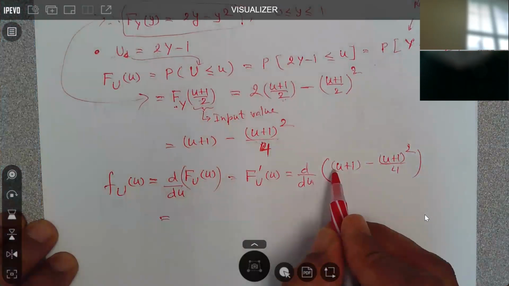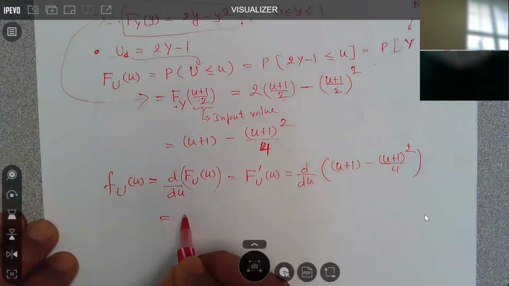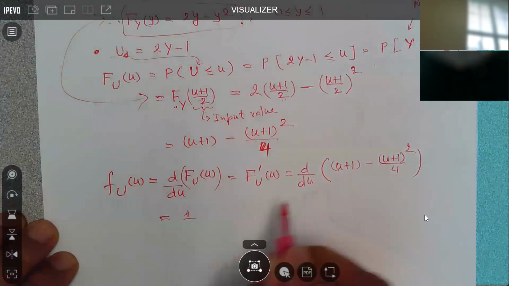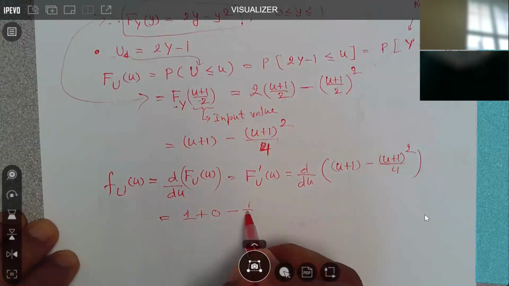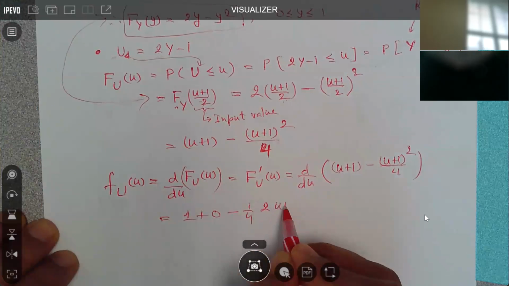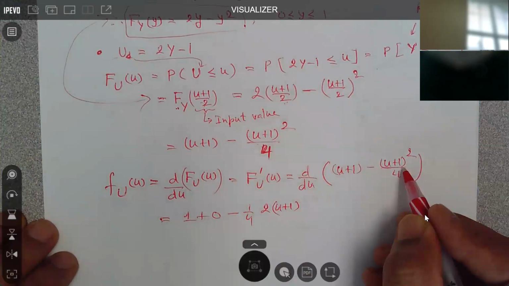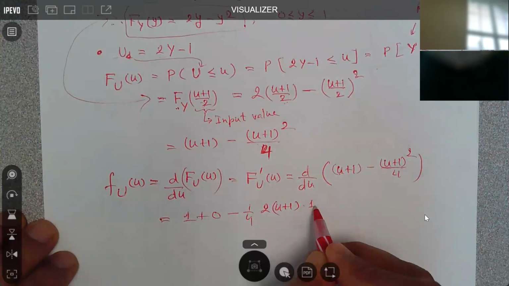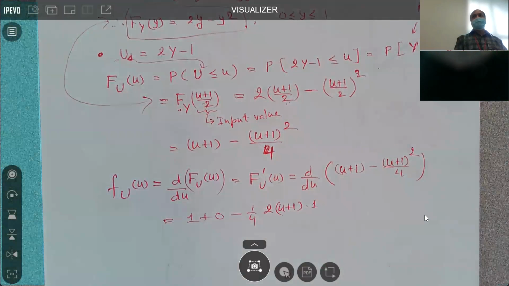The derivative of u plus 1 is 1, the constant term is 0, minus the derivative of 1 over 4 times 2(u plus 1) and then 1, yes, we're using the chain rule.